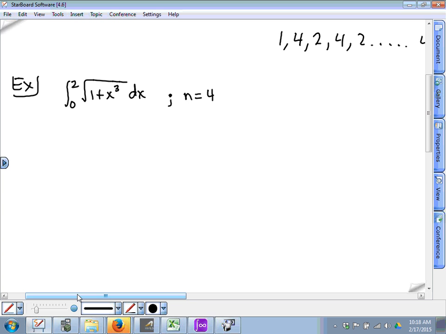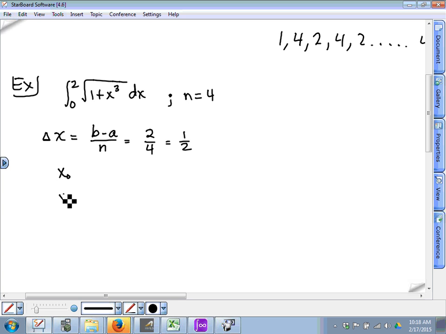So we're going to do the same problem. Trapezoid Rule gave us 3.28 something. We're going to see what Simpson's Rule does. It starts exactly the same way. We still need delta x, and it's b minus a over n, which is 2/4, or 1/2. That's delta x.